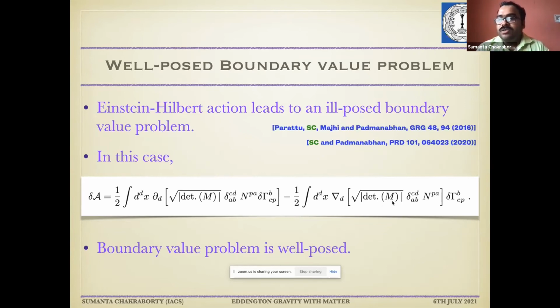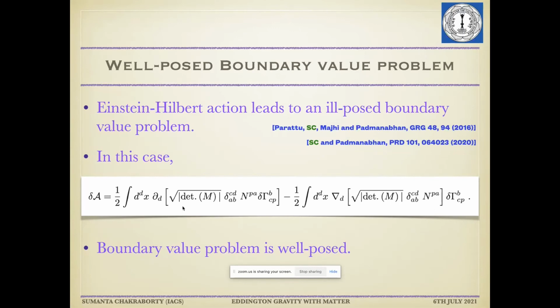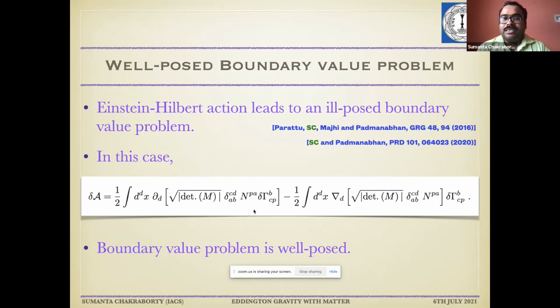Now n and m, they both depend on gamma as a first derivative, because m is effectively R_AB, and R_AB depends on the first derivative of the connection. Therefore, this is a second order differential equation for the connection. So we need to fix gamma on the boundary, and that is exactly what this boundary term does. Thus, unlike the Einstein-Hilbert action, the boundary value problem associated with this modified Eddington action is well posed.